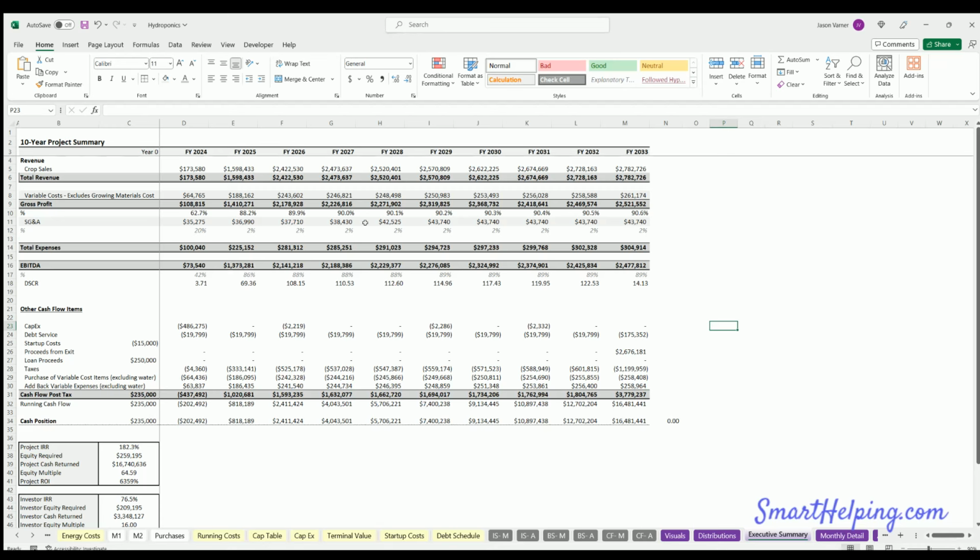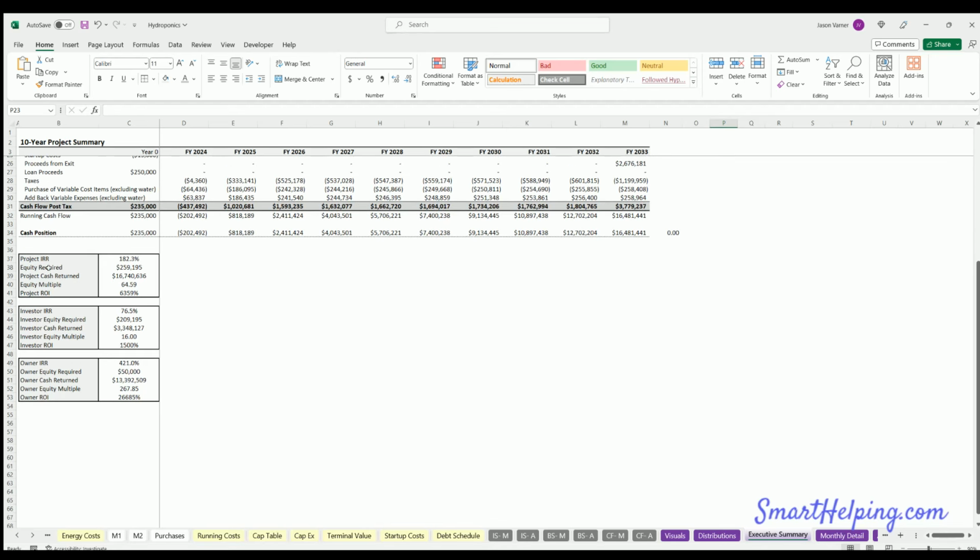So this is a really good snapshot of the project and to see what is going on, what your expenses are looking like, what you're spending on CapEx, what your debt service is over time, selling proceeds, as well as project and investor/owner IRRs, total investment required, returned, equity multiple, and total ROI over the whole project.